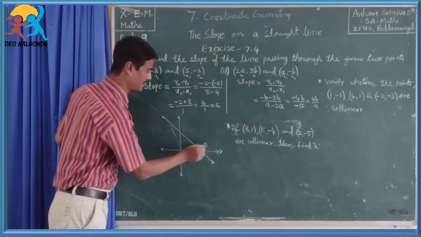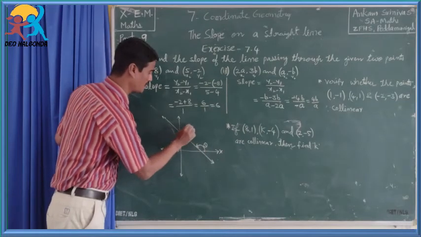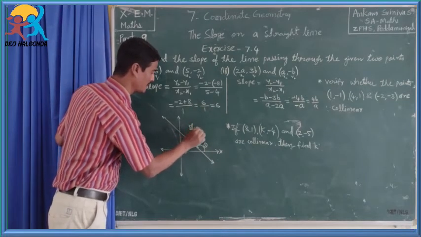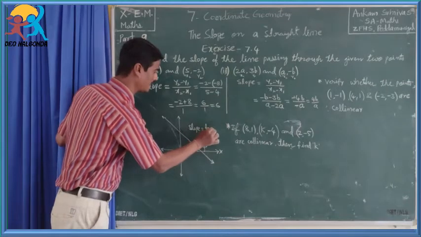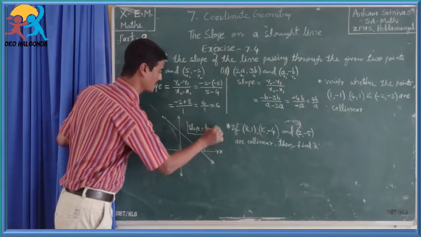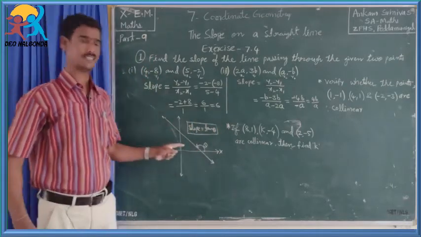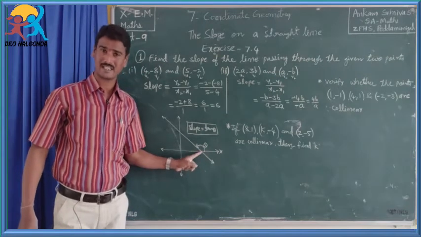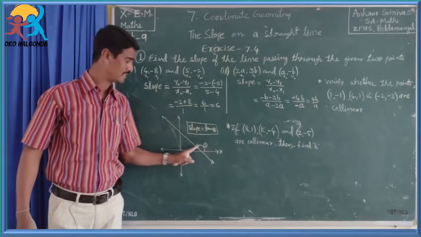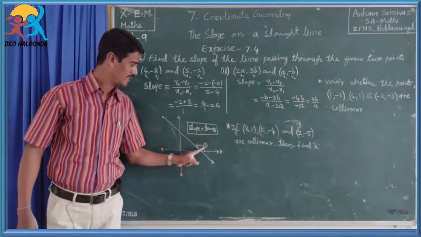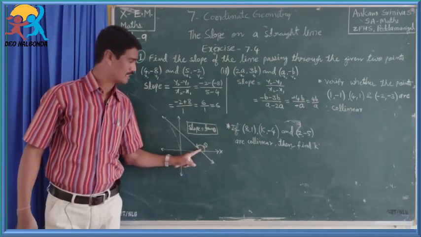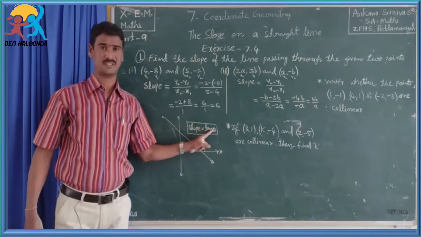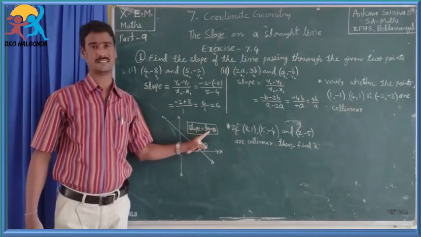Then slope equals tan theta. This is called the inclination of the line. The inclination of the line is the angle.